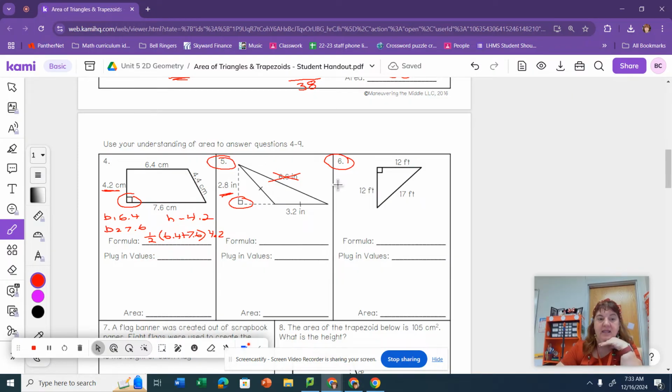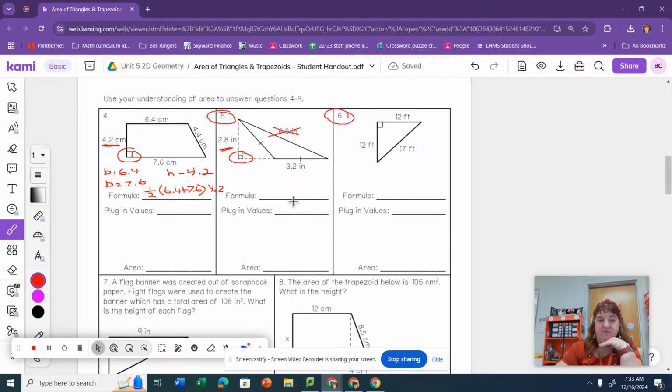Okay? I'm going to use my calculator for sake of time. 6.4 plus 7.6 is going to be 14. Half of 14 is 7. So then I just have to do 4.2 times 7, which is 29.4. One decimal would put me right there.